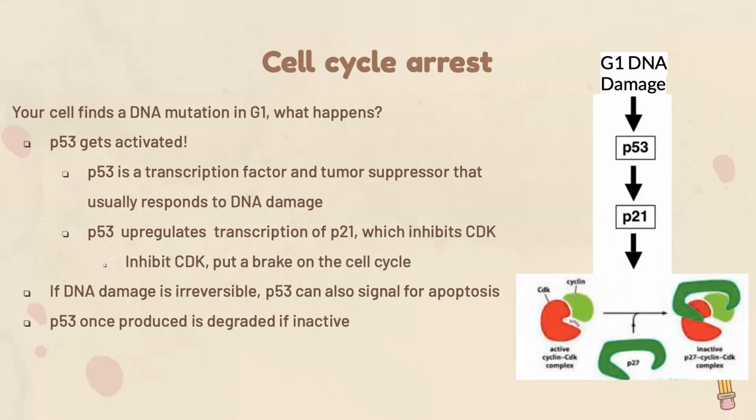All right, so if there is a mutation in the DNA, or if the DNA is damaged, if there is any kind of issue with the DNA, the cell can stop the cell cycle by making a CDK inhibitor. What happens is that P53 gets activated when the cell senses some kind of issue with the DNA.